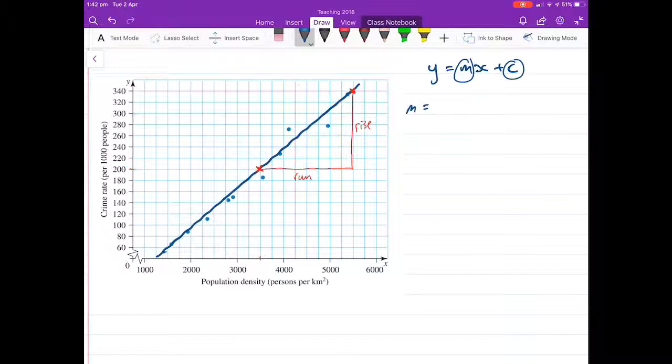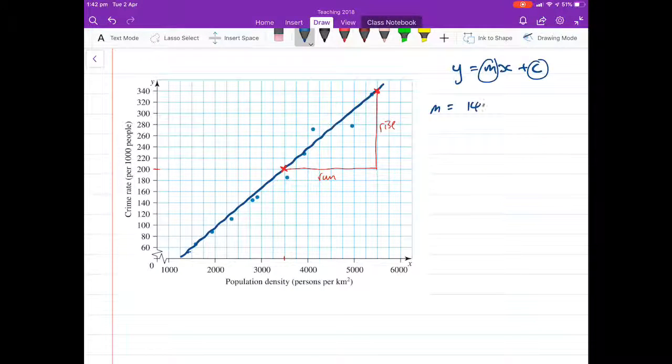Our rise goes from 200 up to 340, so that's a difference of 140. Looking at the crime rate per 1,000 people, we want to divide that by our run. Our run goes from here across to here, so between 3,500 and 5,500, we've got a difference in our run of 2,000.